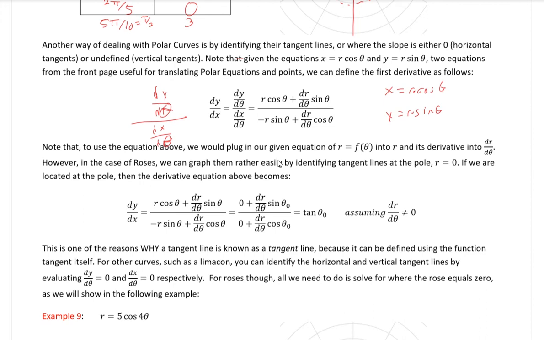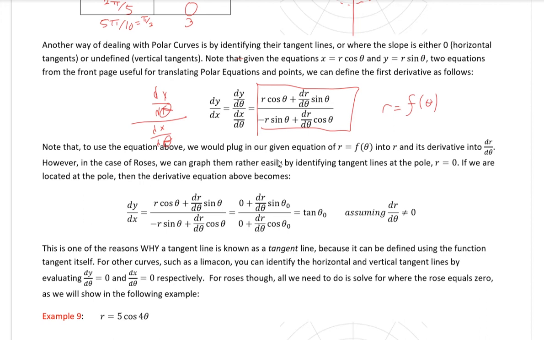So for the top, for dy d theta, we'd have the first times the derivative of the second, which gives you r cosine theta, plus the second times the derivative of the first, which is whatever the derivative of r is, times sine theta. And you get the same thing on the bottom, just negative, because the derivative of cosine is negative sine. So this would be the derivative of an arbitrary equation defined as r equals some function of theta. This is how you could find the first derivative.